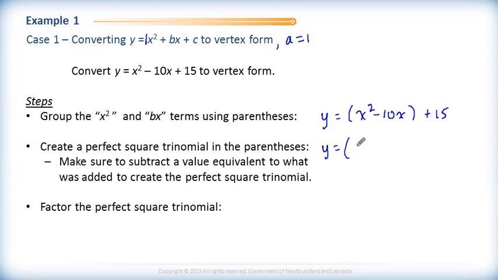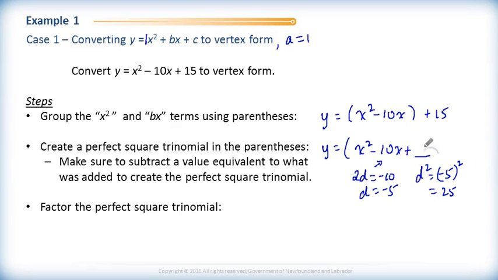Then it says create a perfect square trinomial in the parentheses. So we've got x squared minus 10x. Now remember that -10 is twice the d value. So our d value is -5. So now we've got to square the d value to get the number that needs to be added at the end to create that perfect square trinomial.